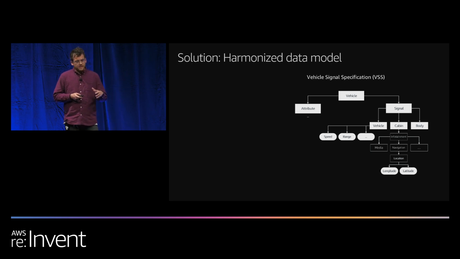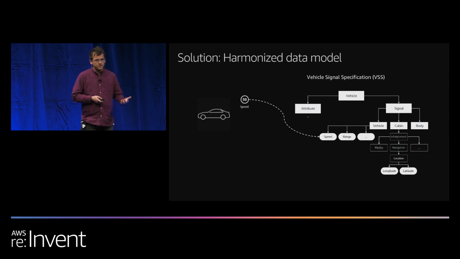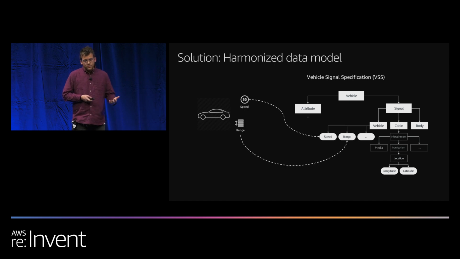And it basically allows us to map sensor data coming from the car to a coherent, harmonized data model, which can be exchanged between different use cases. So basically, we define two types of attributes. On the one hand, we have more stateless attributes like the vehicle's model or the fuel type, which come mainly from the vehicle master data. But on the other hand, we have also signal attributes which can change very frequently, such as the speed, the range, or the location.